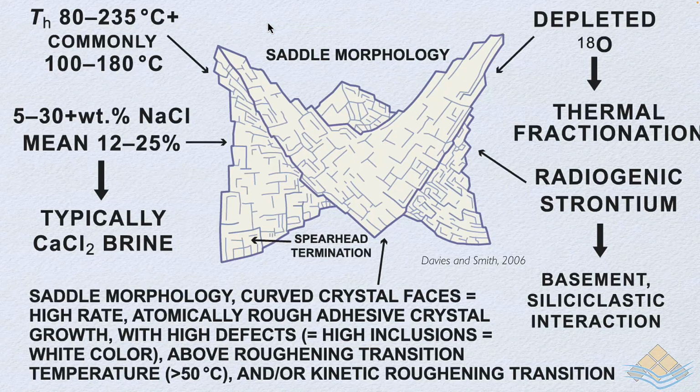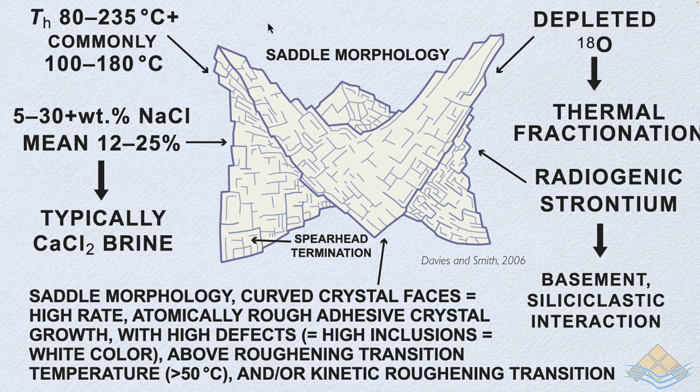Saddle dolomite is a very important form of dolomite to recognize, and it's now known that saddle dolomite typically forms with homogenization temperatures from their inclusions between 80 and 235 degrees, typically in the range 100 to 185 degrees.